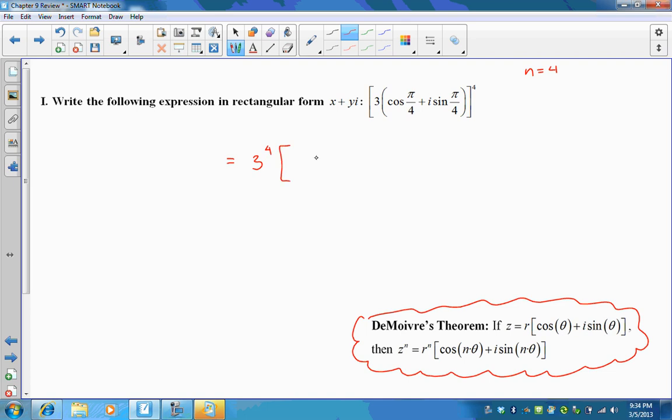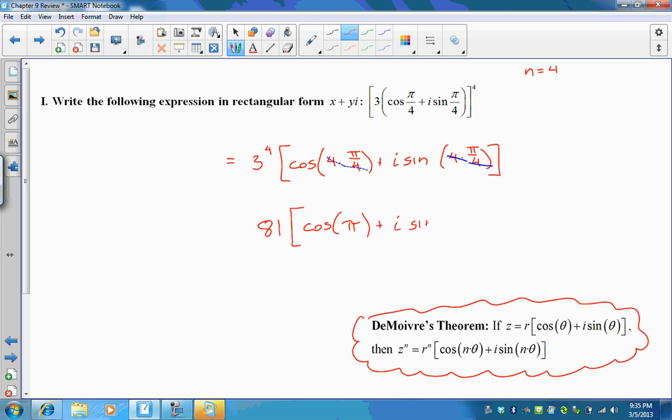And then it would be cosine of n times theta, so 4 times pi over 4, plus I sine 4 times pi over 4. And then we'll clean that up. 3 to the 4th is 81 times the cosine of pi. The 4's cancel, 4's cancel here too. Cosine of pi plus I times the sine of pi.